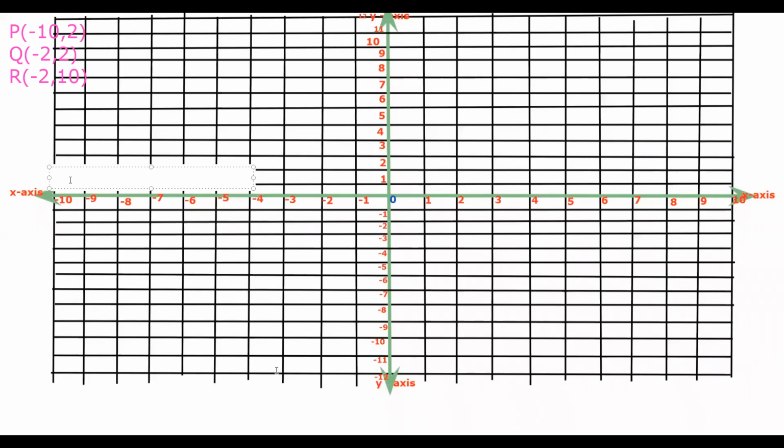You write the coordinate name, and that will be point P formed by negative 10 and 2. Okay.